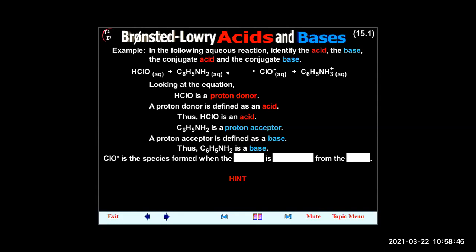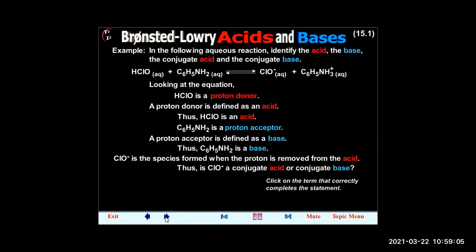ClO minus is the species formed when a proton is donated from the acid. Okay, a proton is donated from the acid. What is the acid? The acid is HClO. Thus, a proton is removed from the acid. Is ClO minus a conjugate acid or conjugate base?